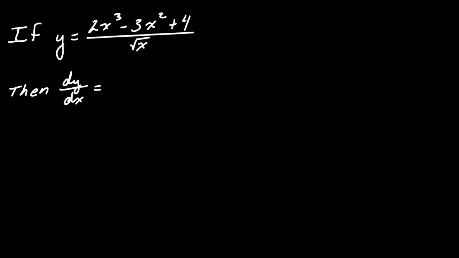So this is the same thing as saying 2x cubed over that square root of x, or in other words, x to the 1/2 power, minus 3x squared over x to the 1/2 plus 4 over x to the 1/2.